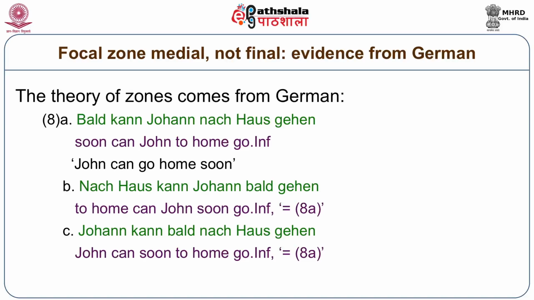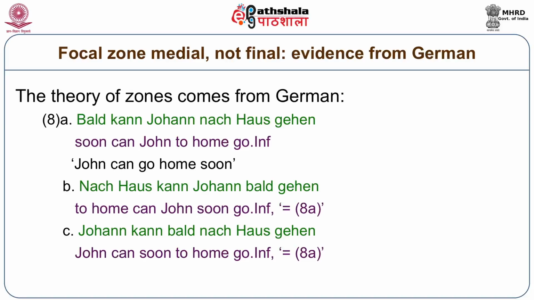In a root sentence, the topical zone extends from the beginning of the clause up to either the complementizer, which in an embedded sentence is that, or up to the finite auxiliary that comes to the front of a root sentence. In the examples 8a, 8b, 8c, that finite auxiliary is the word can.